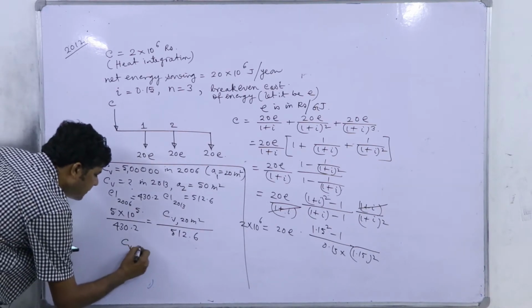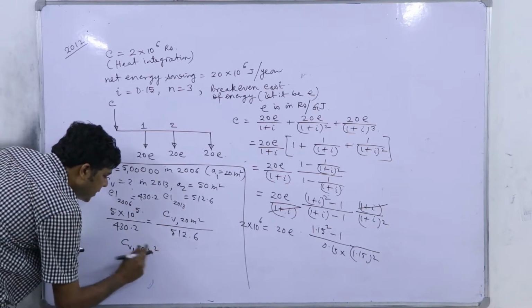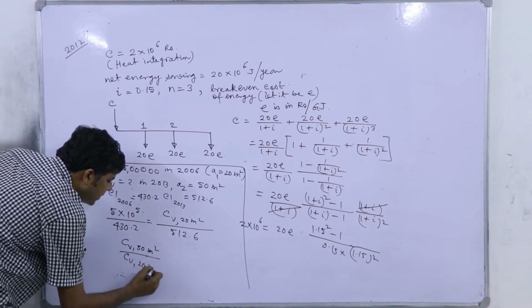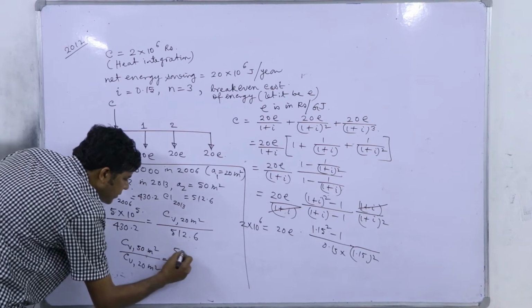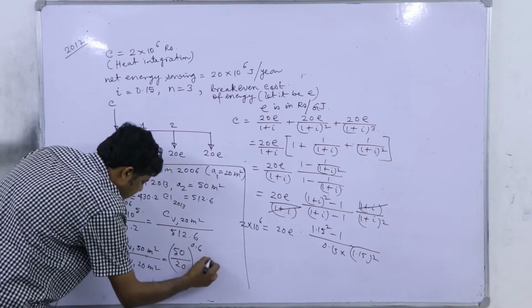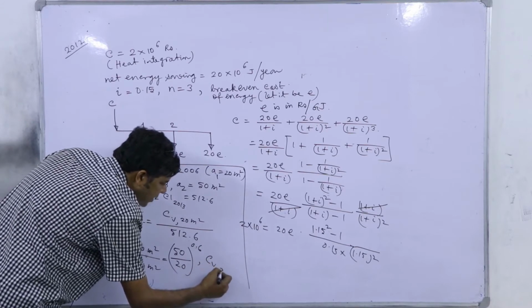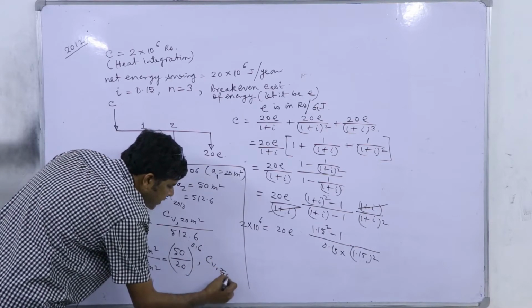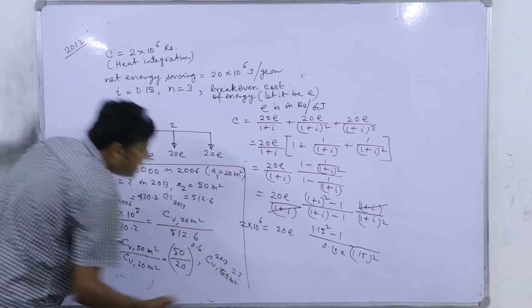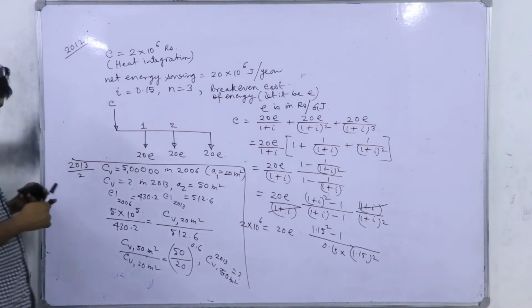Now, CV of 50 meter square divided by CV of 20 meter square is equal to 50 by 20 to the power 0.6, and we will get the CV of 50 meter square in 2013. Right.